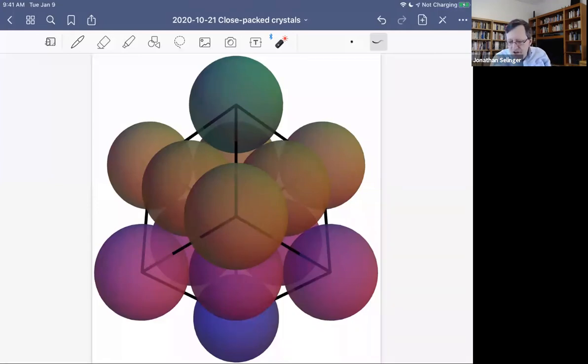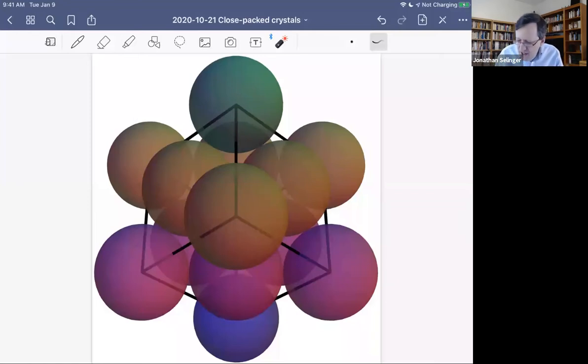The other structures that are tied with FCC in packing fraction would have different kinds of alternation, like AB, AB, AB. So this is visualizing one reason why FCC and other related structures are the best possible packings in 3 dimensions.